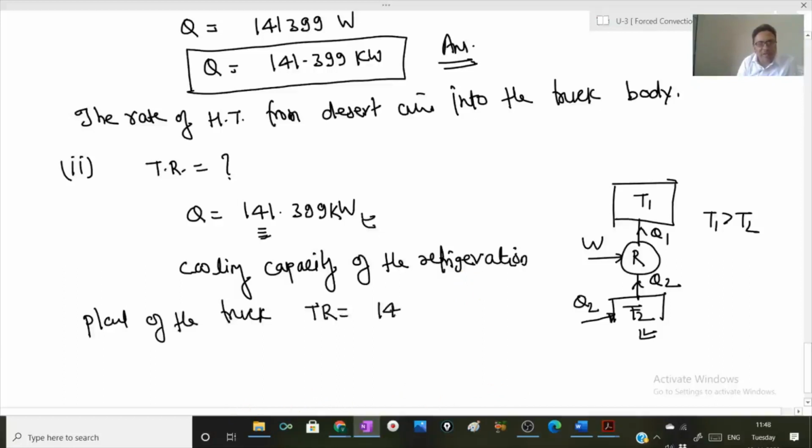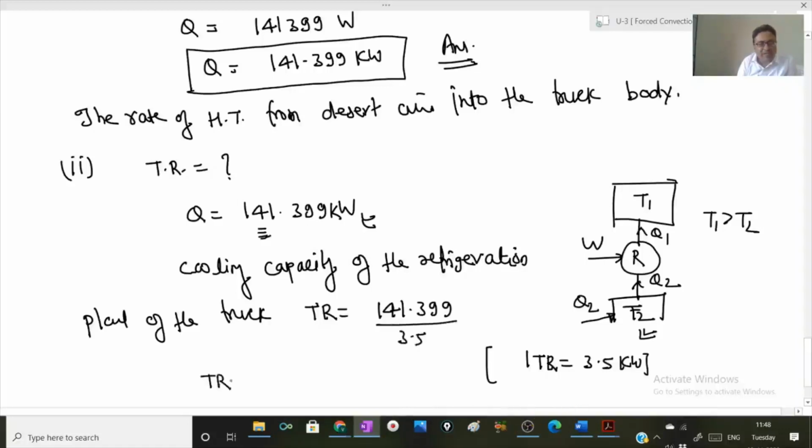So 141.399 kilowatt, and 1 kilowatt is how much TR? It is given in the problem. So 1 kilowatt will be divided by 3.5.